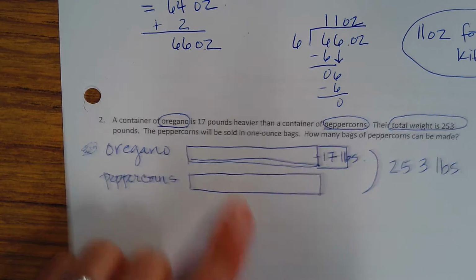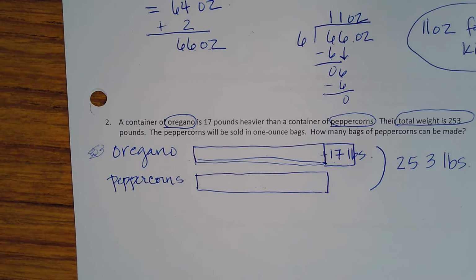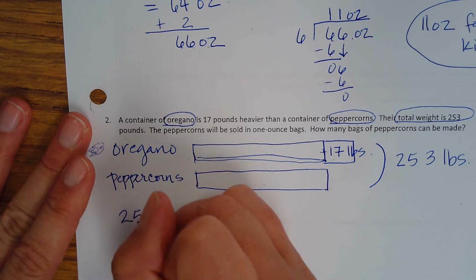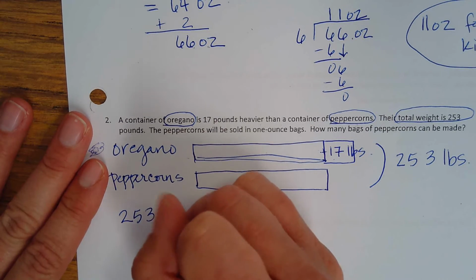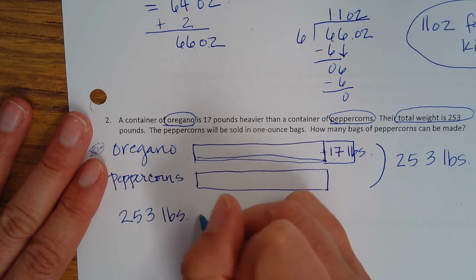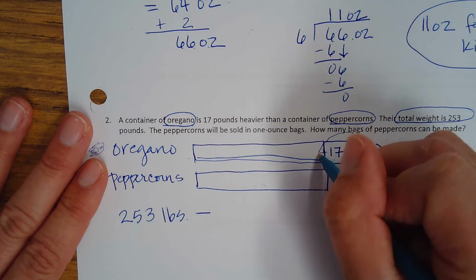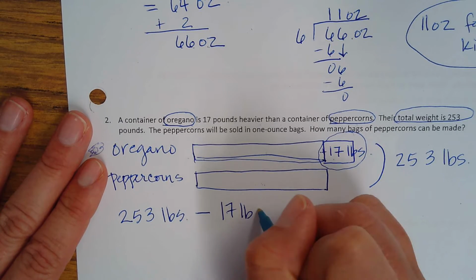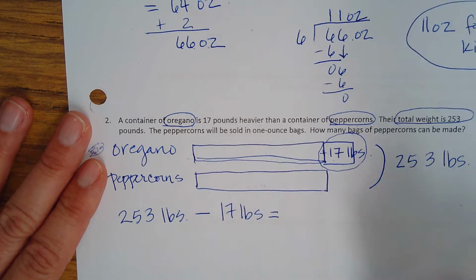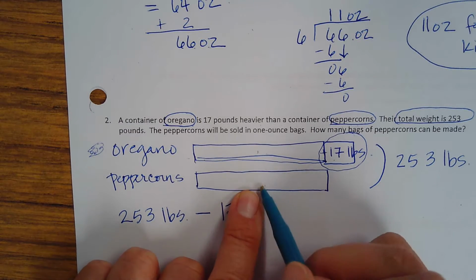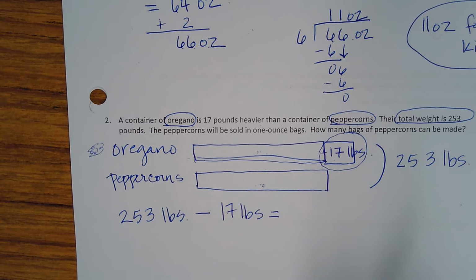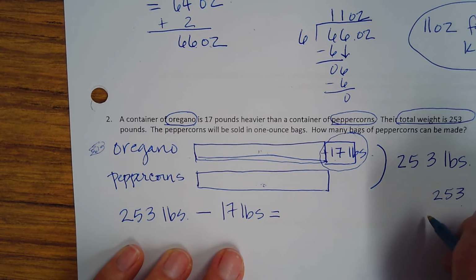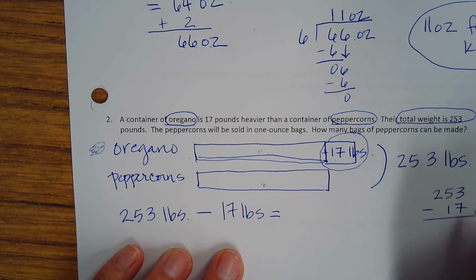Yes? In order to divide it into 1-ounce bags. So let's go 253 pounds, and let's subtract off the 17 pounds. That's going to give us how much each container weighs, right? So let's go 253 minus 17.